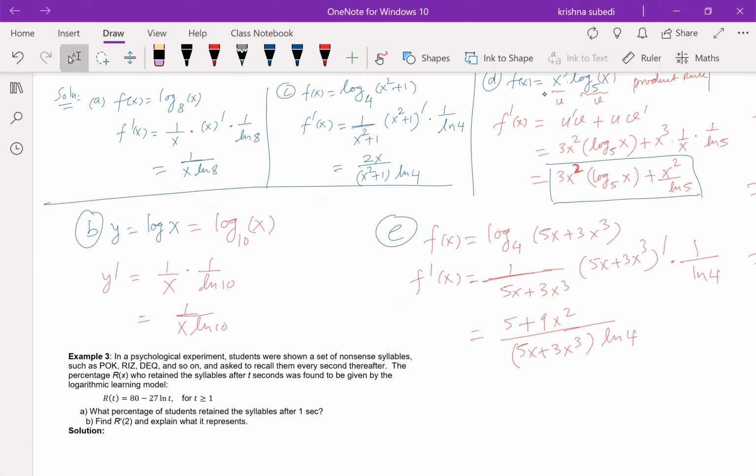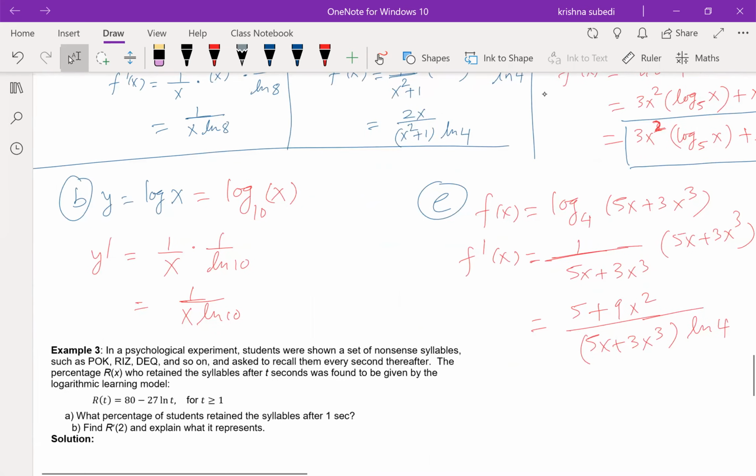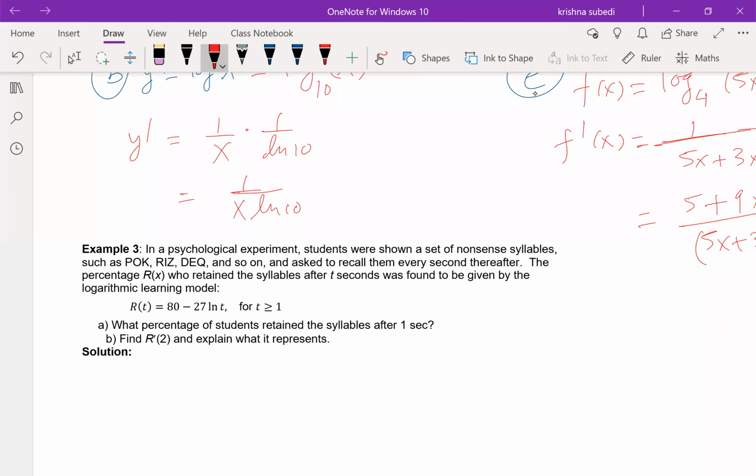Any question, guys, so far? Okay, so we learned how to find the derivative of both types of logarithmic function, natural logarithm and generalized logarithmic function. Now, the question is, can we apply this concept to solve real world problems? Of course we can, right?